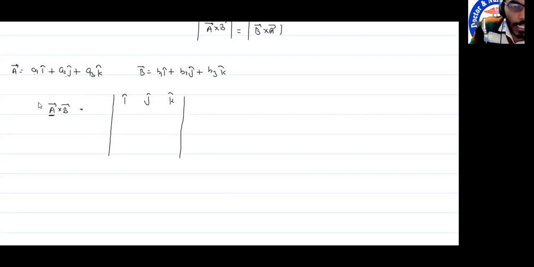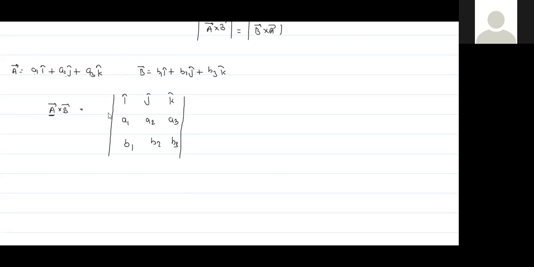So here come A1, here A2, here A3. And the last is B vector, so put here the components of B vector, B1, B2, B3.